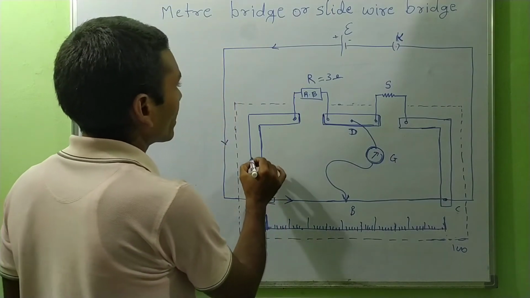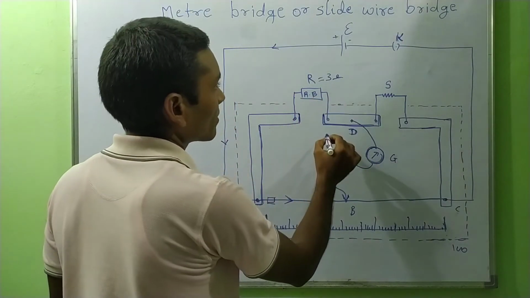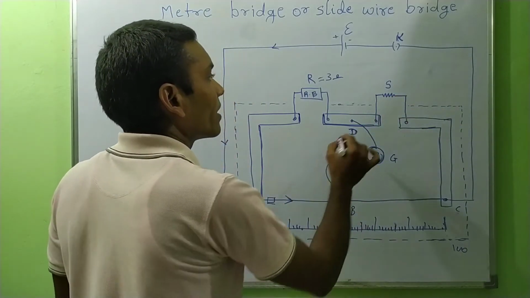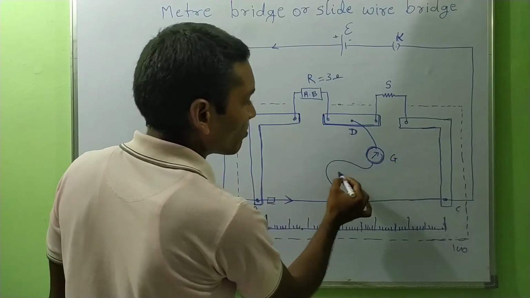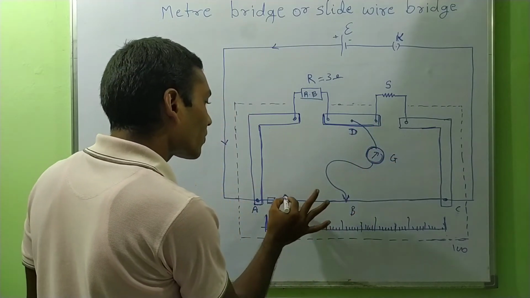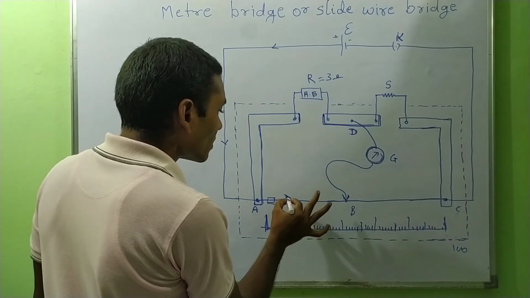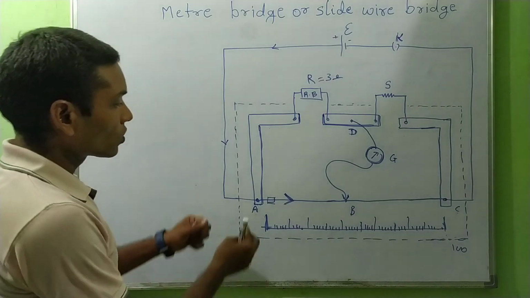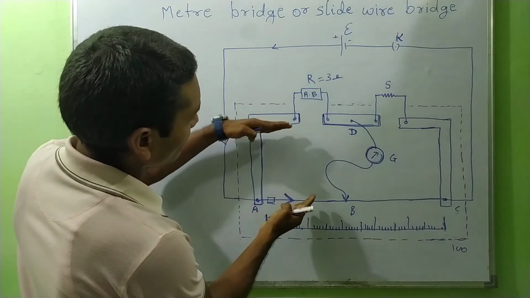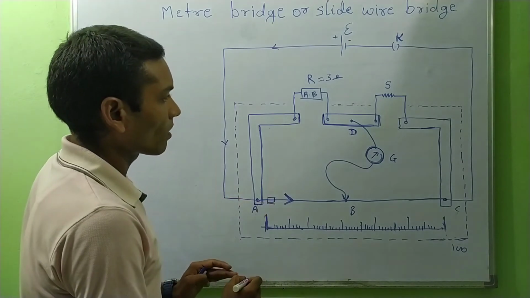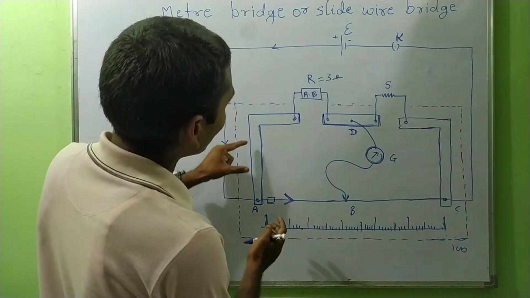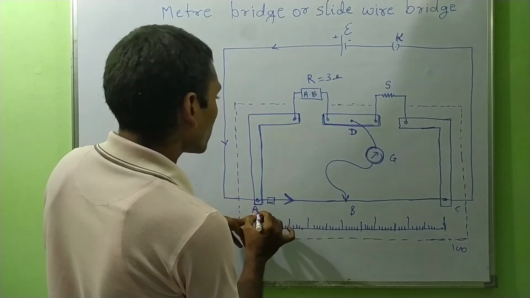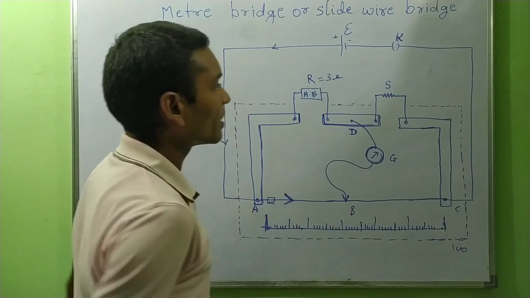Now, current will be flowing through the resistance box, through the unknown resistance, through the galvanometer, and also through the wire AC. So the current is divided into two ways here at point A. Okay, now current flows towards this side, and through the wire AC from A to B.